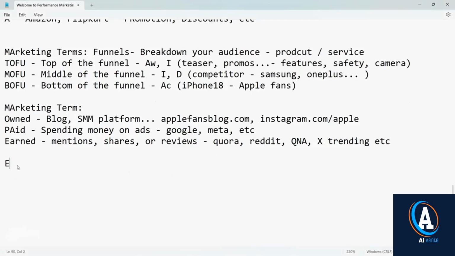Now let's look at a few examples of how performance marketing is actually performing. I'm trying to give you some examples that you would have also come across. Let's say, for example, you can look at push notifications by a brand called Zomato. Very, very popular.